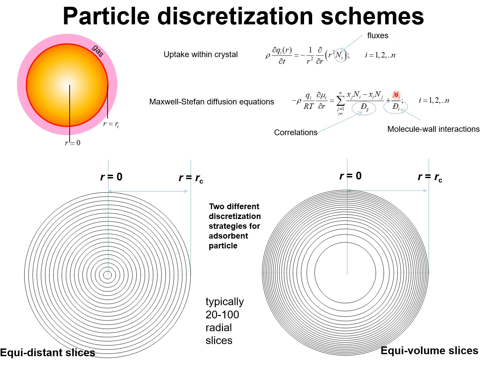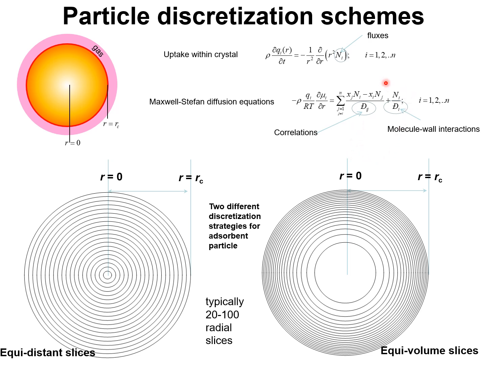The flux of each of these components is related to the gradients of the chemical potential by the Maxwell-Stefan diffusion equations. The Maxwell-Stefan diffusion equations recognize two types of diffusivities. D sub i represents molecule-wall interactions, and D sub ij quantifies the correlations in molecular jumps for the ij pair in the adsorbed phase.